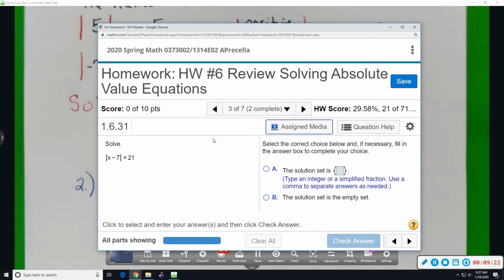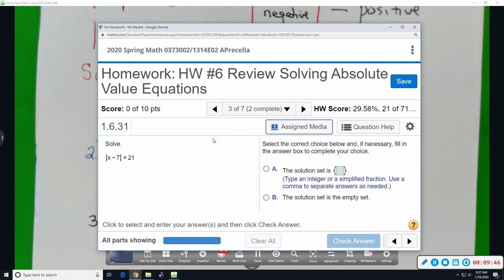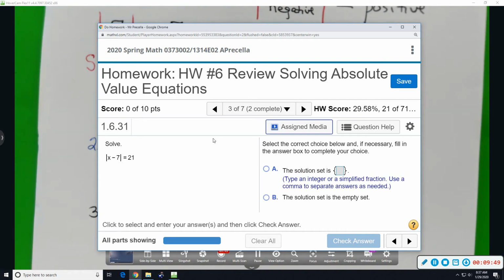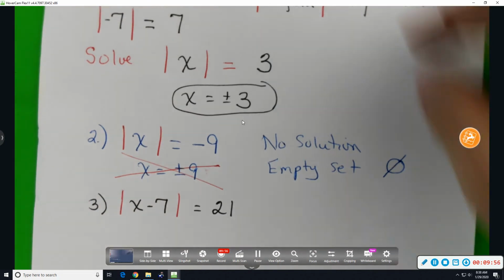Now, problem number 3, we're getting them a little bit more involved. There's not a negative number on the right, is there? It's a positive 21. Let me write this one down. The absolute value of x minus 7 equals 21. Maybe I better lift this up a little more.